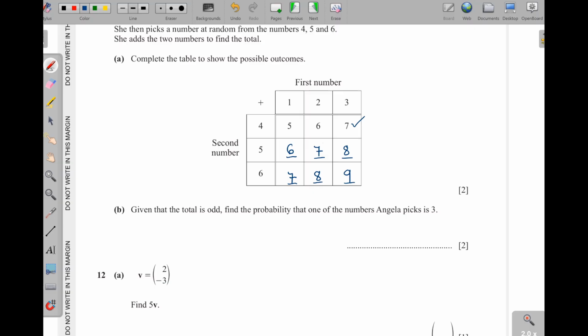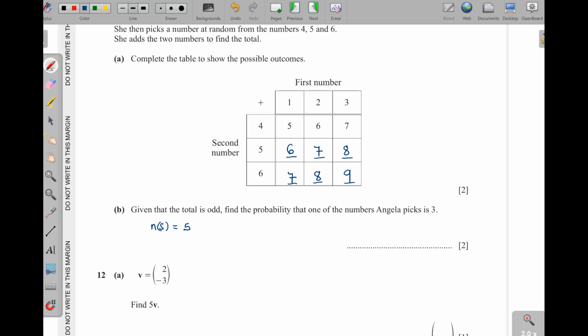We have 7, yes, this 7, this 7, this 7, then this 9, and then this 5. You see that? How many are they? They are 5. So that means our sample space, if I can write, the sample space is equal to 5. You see that?